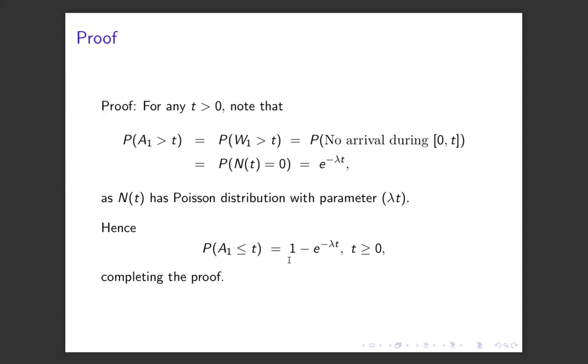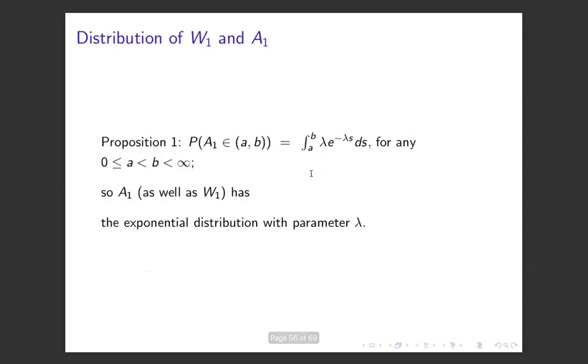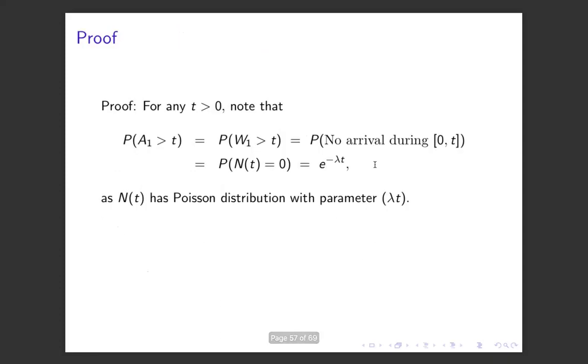In other words, you can write 1 minus e to the power minus lambda t as this. So this completes the proof. It's a very, very simple exercise.